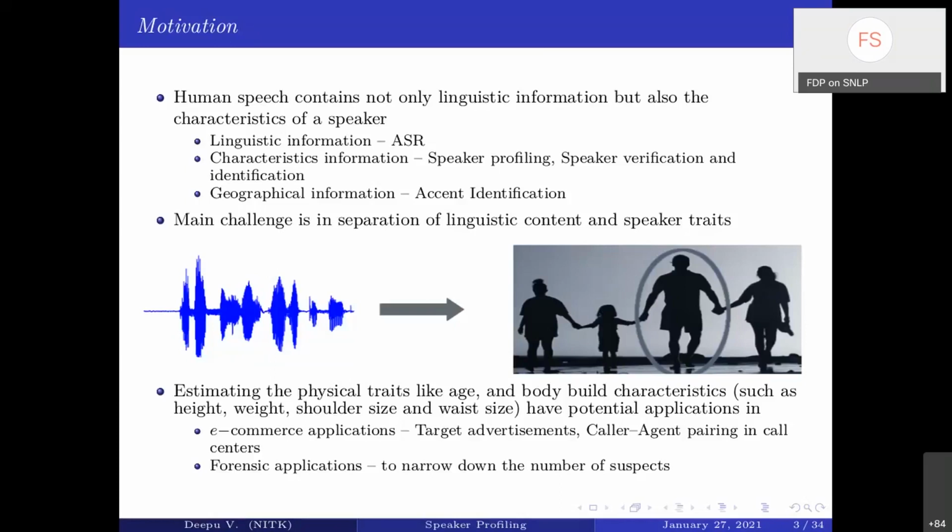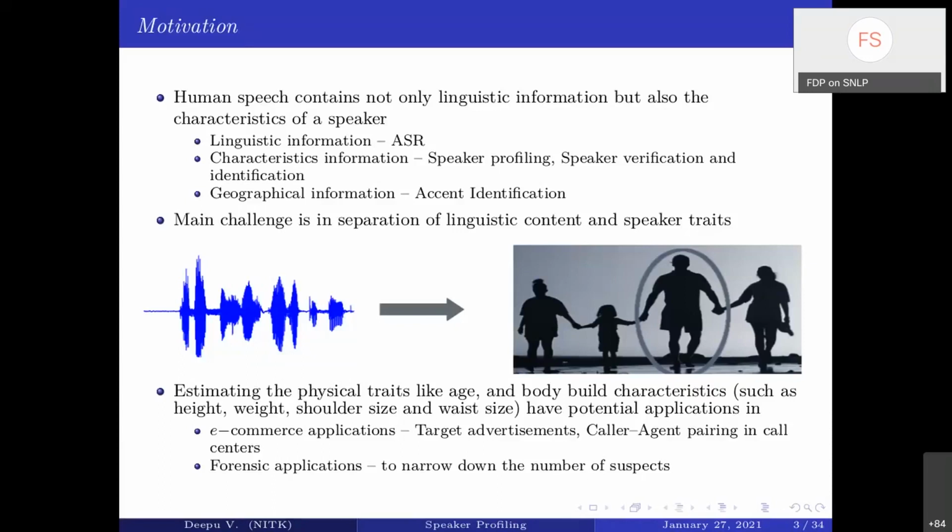Of course, there is also caller agent pairing in call centers where they would like to know which part this person is calling from, so I can transfer his call to a person from a similar region. Or if you distinguish the age, you can try to figure out which age group people are giving you the most complaints, or is it a problem with a particular age group.